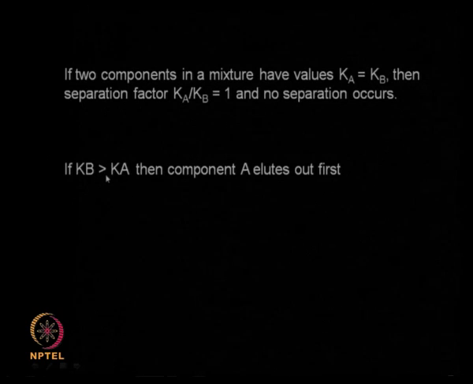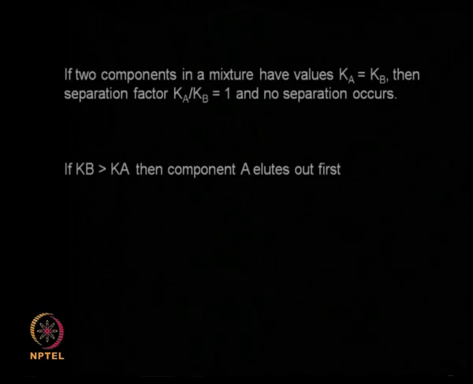If Kb is larger than Ka, then what happens? That means B is slowed down or retarded by the stationary phase, because more of B is going to get partitioned to the stationary phase. So B will be travelling slowly and A relatively will be travelling faster.